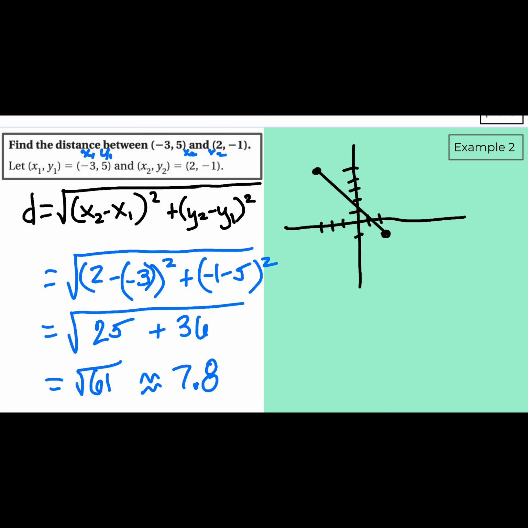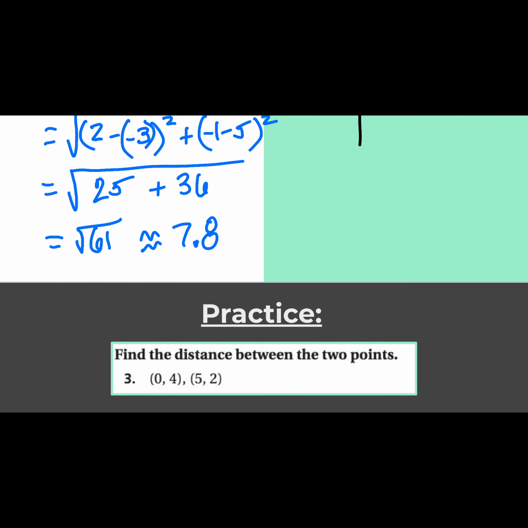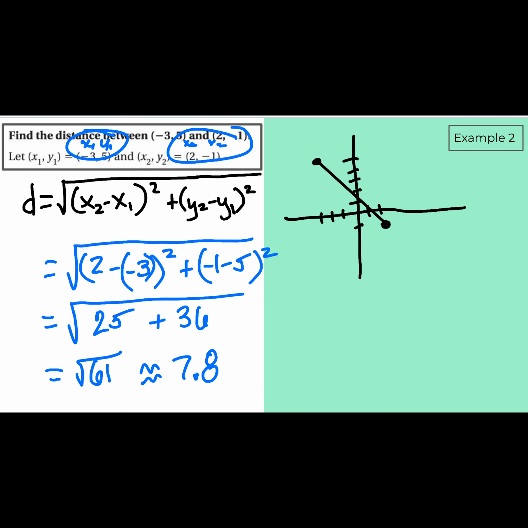So do you see how with the distance formula, we take our 2 points, we decide, all right, here's my first set of points, both going to be 1s, x1, y1. Here's my points that are both going to be 2s, x2 and y2. We plug it in and simplify. It's not anything that we haven't done. We haven't used the distance formula before, but we've plugged points in and we have subtracted, we've squared, square rooted, all that good stuff.